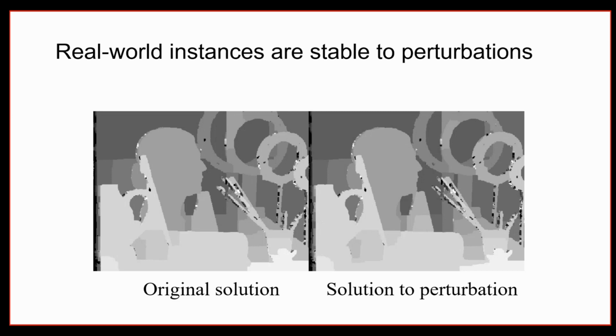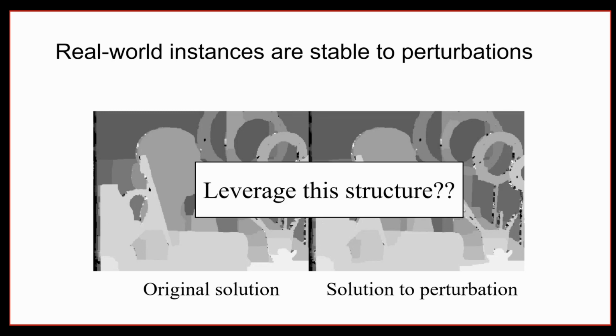And if you take those weights and perturb them to some extent, say you're allowed to multiply everything by a factor of 2, then even then, if you give the exact solution for that, they're very similar to each other. So this is a nice property. It's restricting the class of instances which you care about. So now you can hope to give guarantees which are better than the worst case. So the question is, can we leverage this structure to give better guarantees?